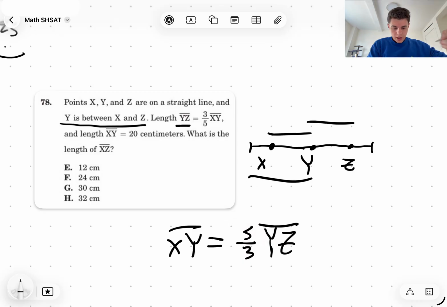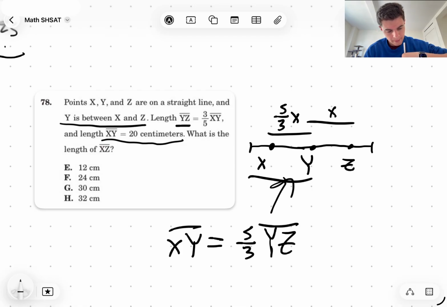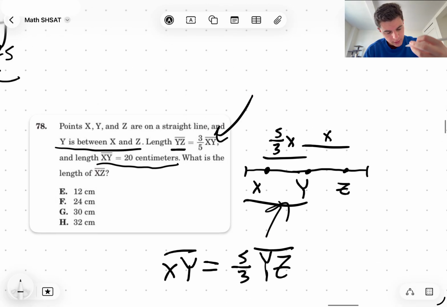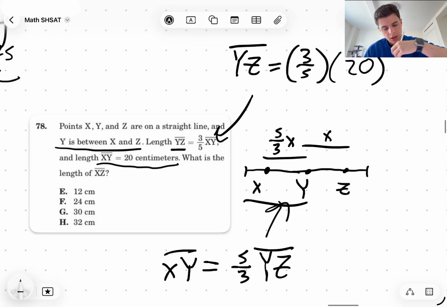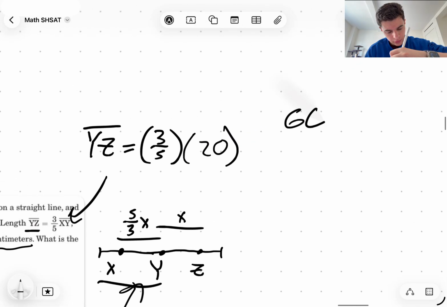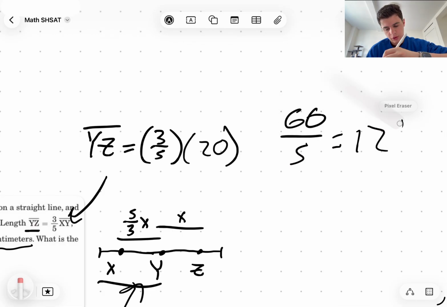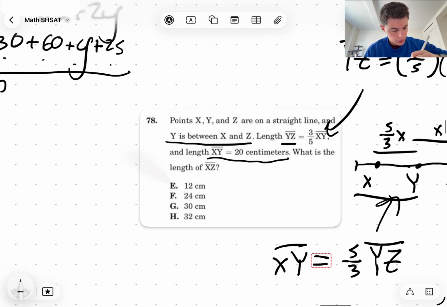Now they tell us that xy is 20 centimeters, so we can directly plug that in. So yz is going to be equal to 3/5 times 20. 3/5 times 20 is just 60 over 5, which is 12. So it'll be 12, and that is answer choice E.